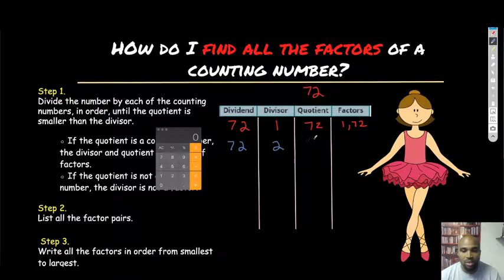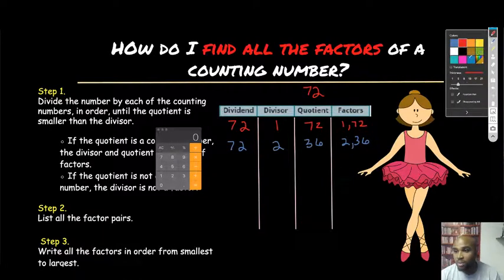72 divided by 2 is 36. So I know that 2 and 36 are factors. Let's keep it going. All right, 72 divided by 3. I can know from one of my earlier rules: I can add my 7 and 2 and see if it's a multiple of 3. 7 plus 2 is 9, so I know that's going to work.